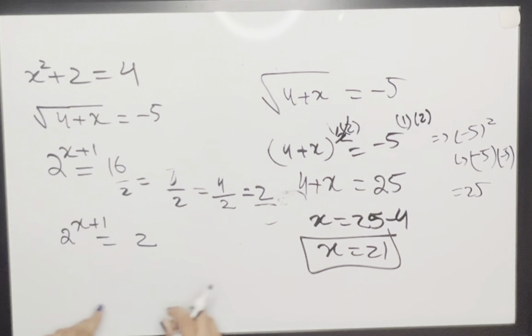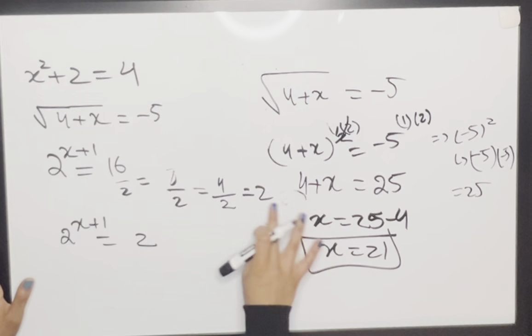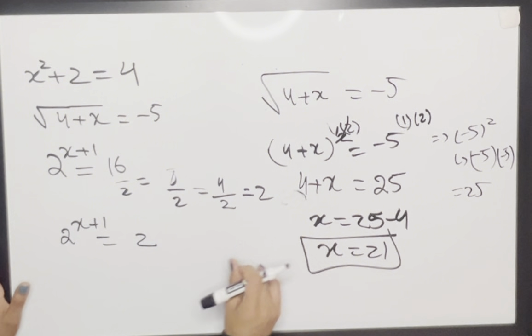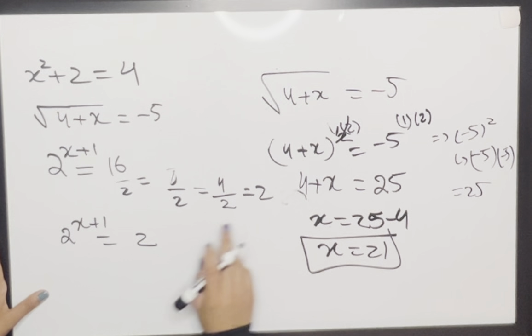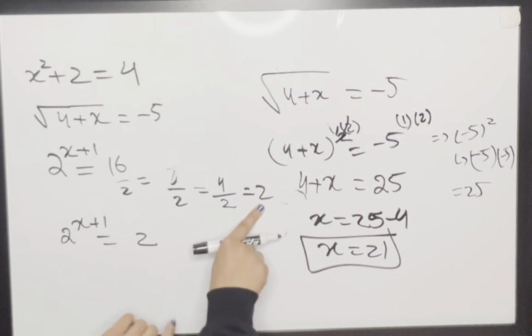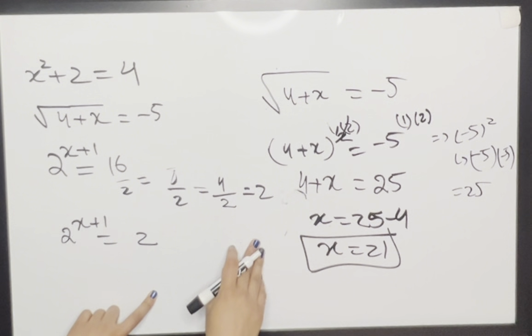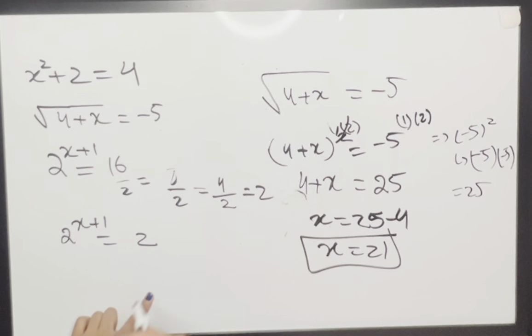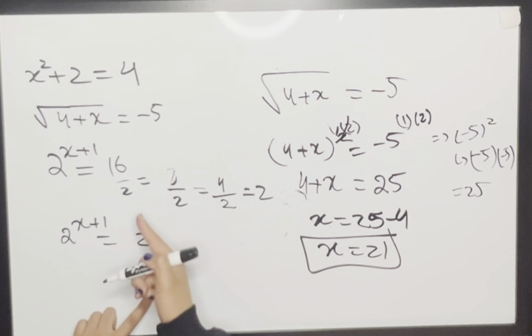Okay? So let's see. Now all I need to do is just go back and get to 16. How do I go from 2 to 16? Well, I need to multiply 2 multiple times by itself to get to 16.